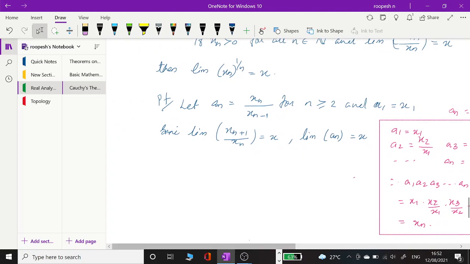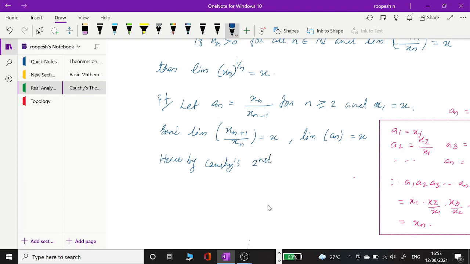Okay, now hence by Cauchy's second theorem, you will get the product of this, right? Theorem on limits 3.2.12.